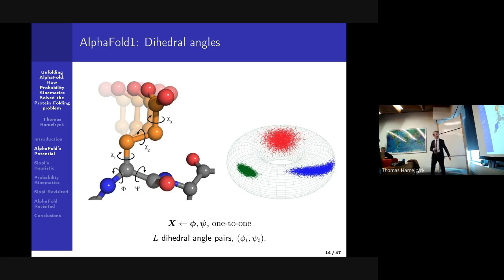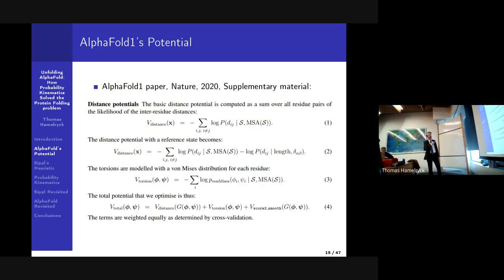No? Okay. So this is then AlphaFold's potential. I will not go into detail here because I formulated it in a more easy to understand probabilistic language later on. But I will quickly walk through the essentials. First, we have this potential here. You have a probability distribution over the distances given the sequence and the multiple sequence alignment.